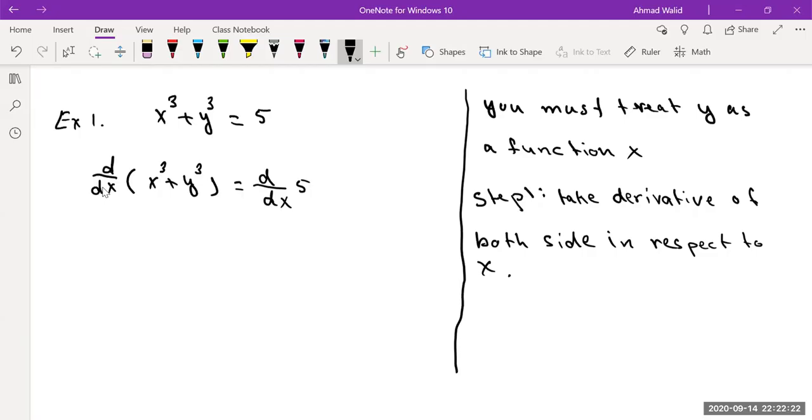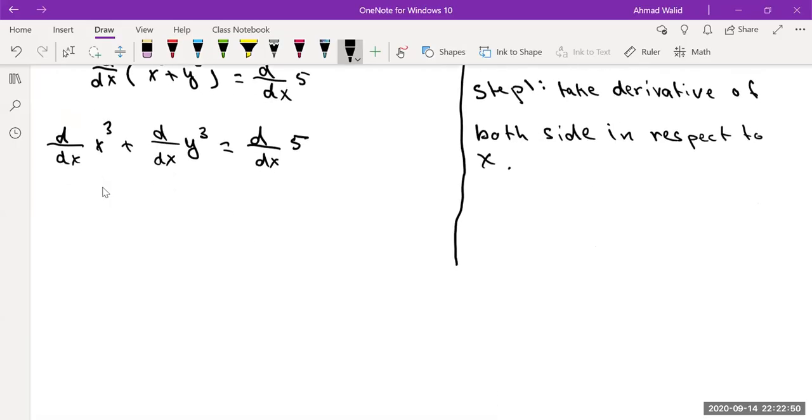Here you see you have the addition rule. I want to apply my addition rule to show every single step for you. Then I can write d over dx of x cubed plus d over dx of y cubed equals d over dx of 5. Correct?